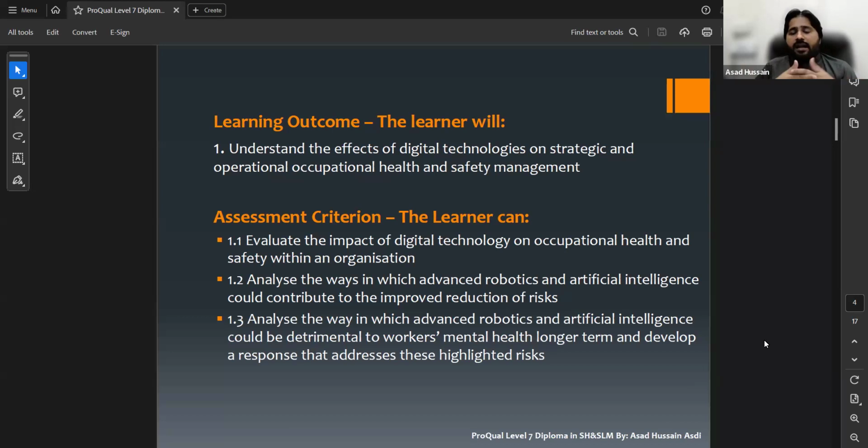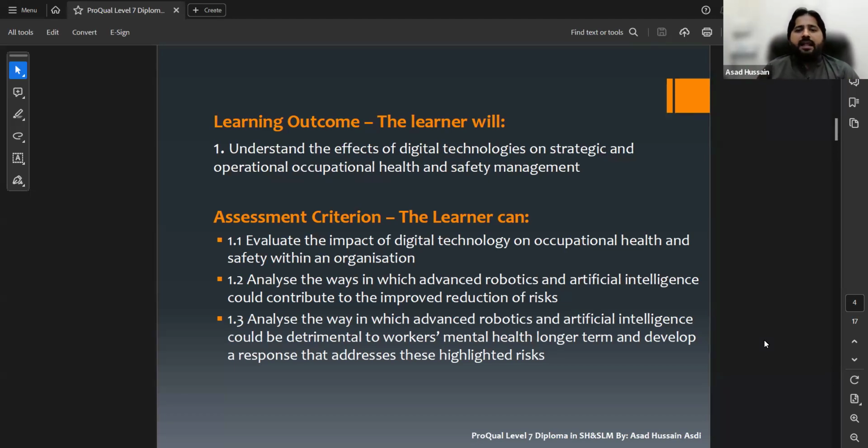If your organization has in place an advanced robotics and artificial intelligence system to improve the reduction of risk, then you can provide evidence of that.